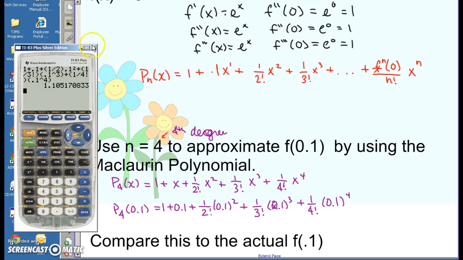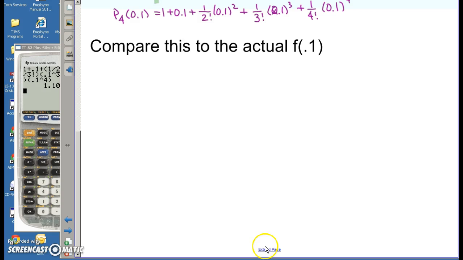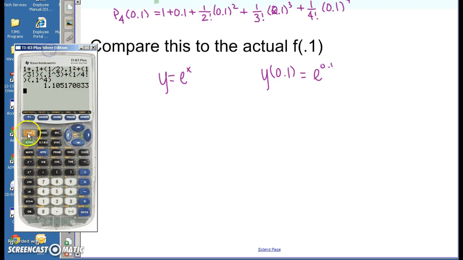So we're going to compare this to the actual. Here's our original function. We want to compare this to the actual, so e to the 0.1. There we go.